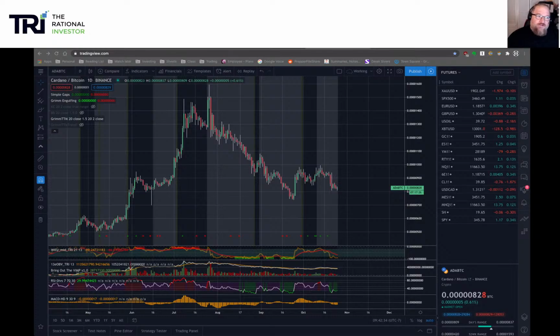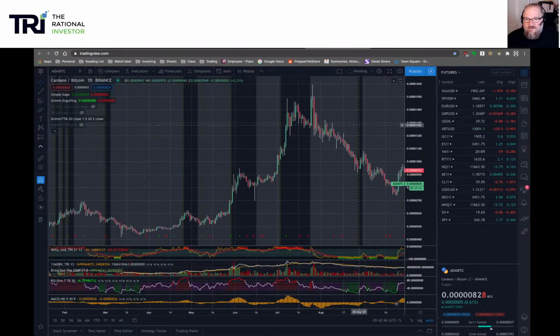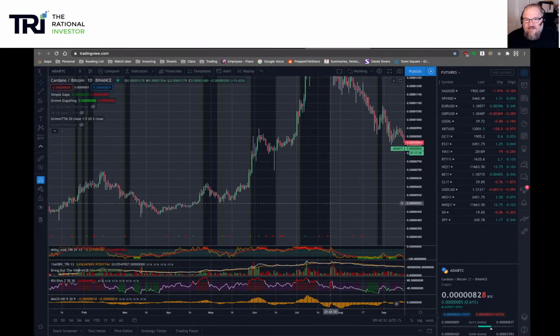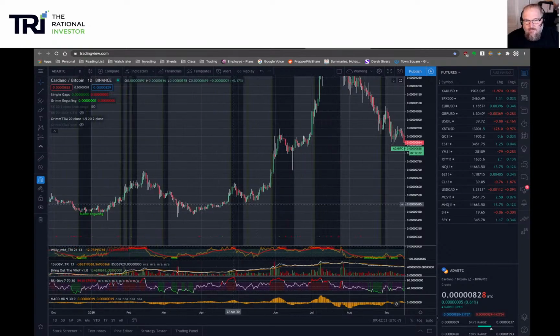But when we get into a good location, that's where we start looking at the asset and seeing if we have other indications of movement. We're not interested in getting into a trade here, right? We want the bottom to be established, and we want to get into a trade after that's been established, okay?